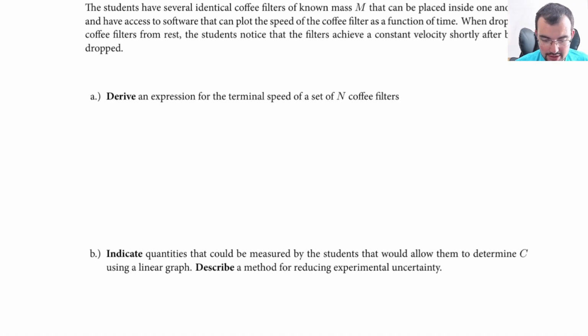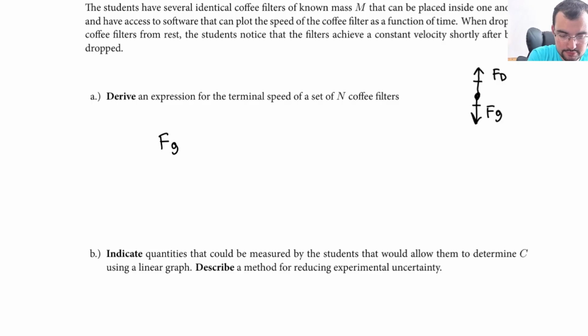So first of all, let's find the terminal speed of n coffee filters. We said terminal speed is going to occur when we have force balancing between the drag force and Fg. So the drag force has increased enough that it totally balances mg. Drag force would be CV.